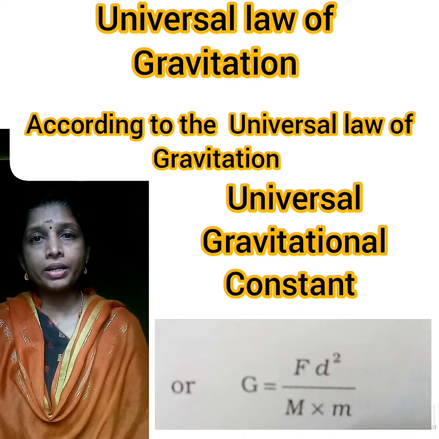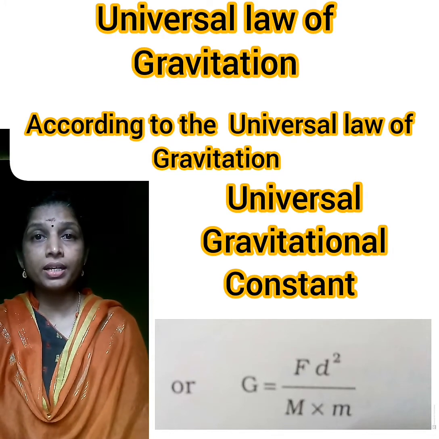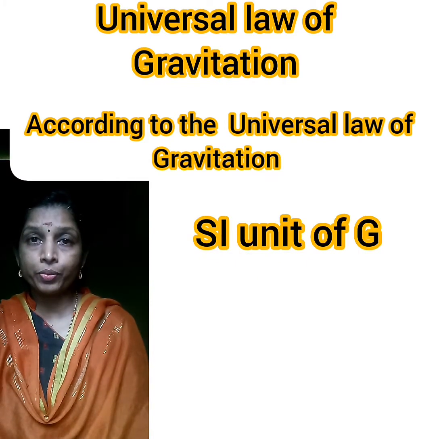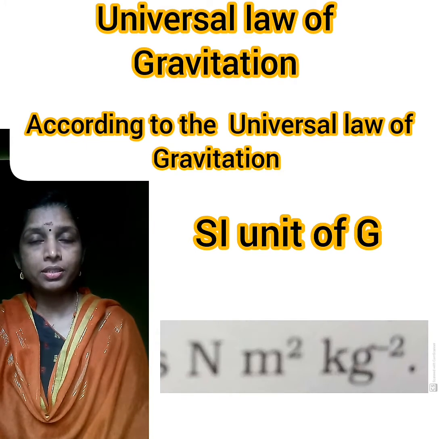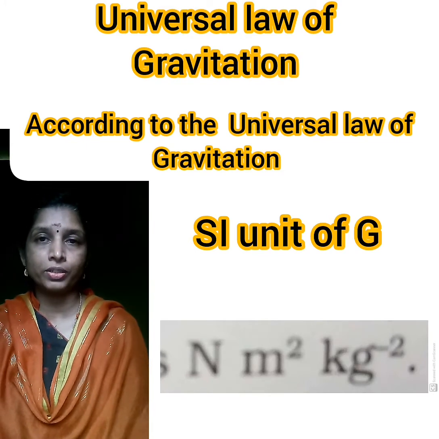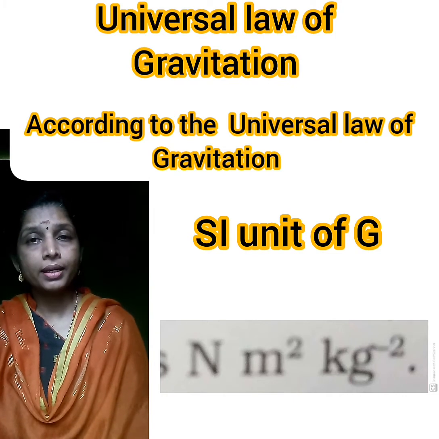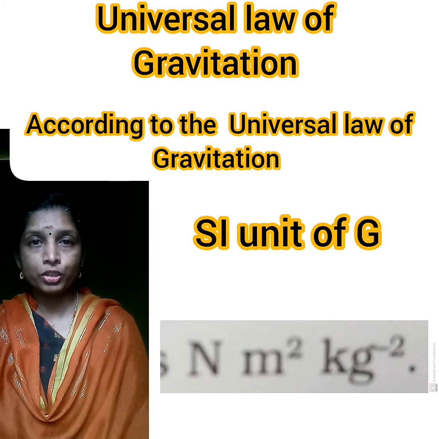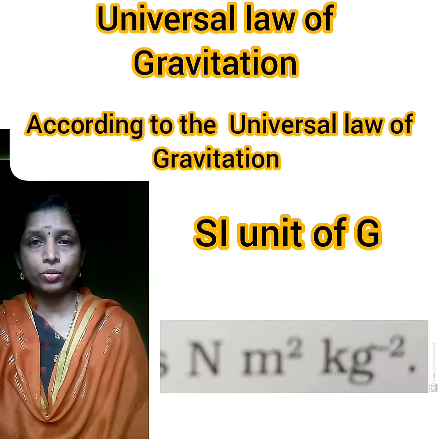From this we can find the SI unit of capital G, the universal gravitational constant, by putting the SI units of force, distance and mass. So you will get Newton meter square per kilogram square, that is, Newton into meter square divided by kilogram into kilogram.